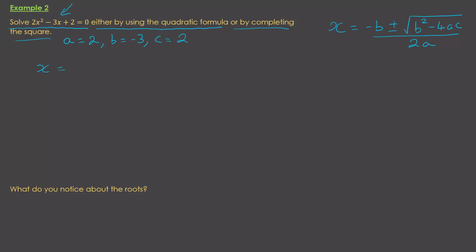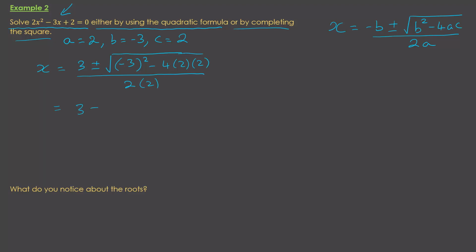So x is going to be, negative b would be 3, plus or minus the square root of negative 3 squared minus 4 times 2 times 2, all divided by 2a, which is twice 2.